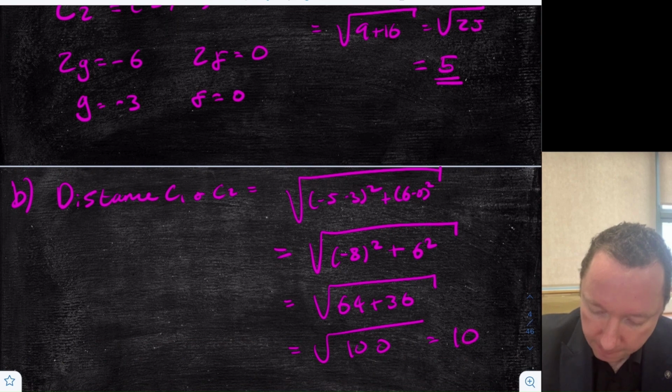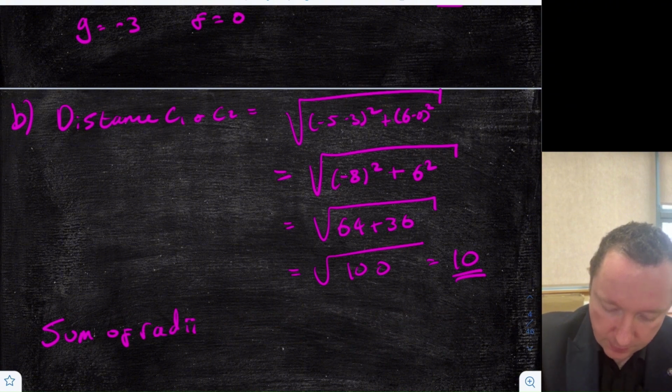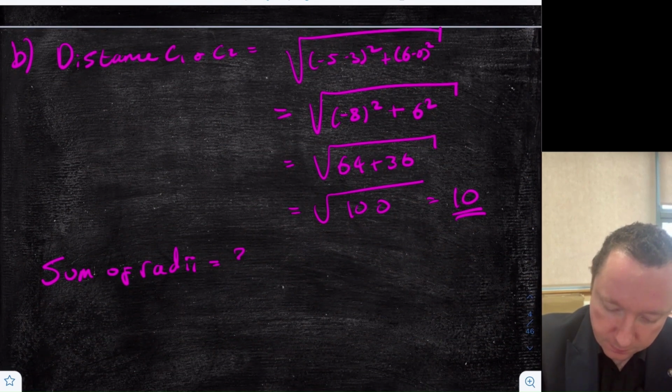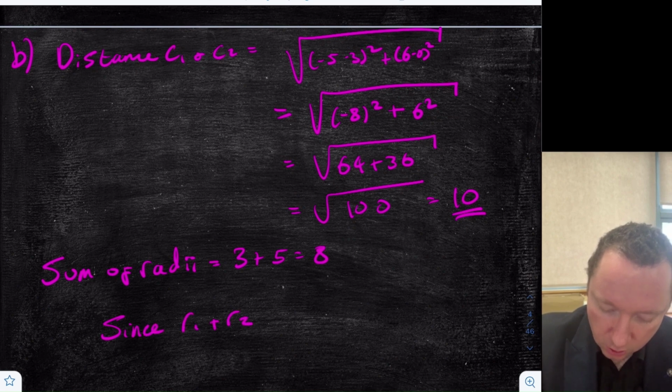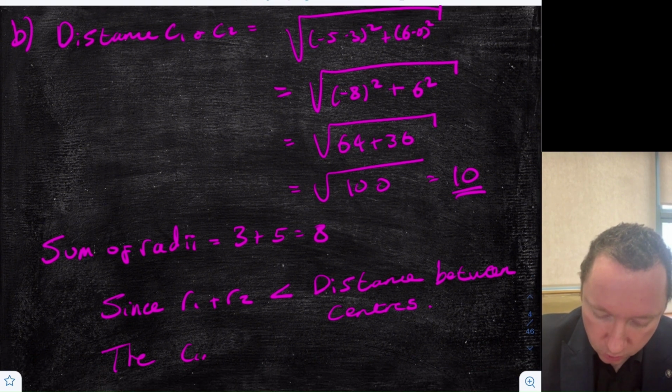So there's the distance between centres. The sum of the radii, well, that's just 3 plus 5, which equals 8. So since R1 plus R2 is less than the distance between the centres, the circles do not intersect.